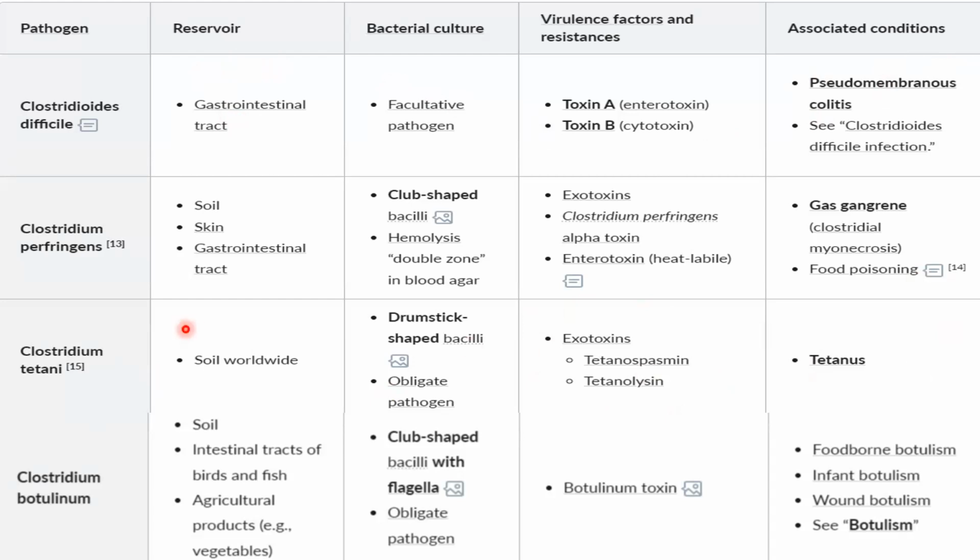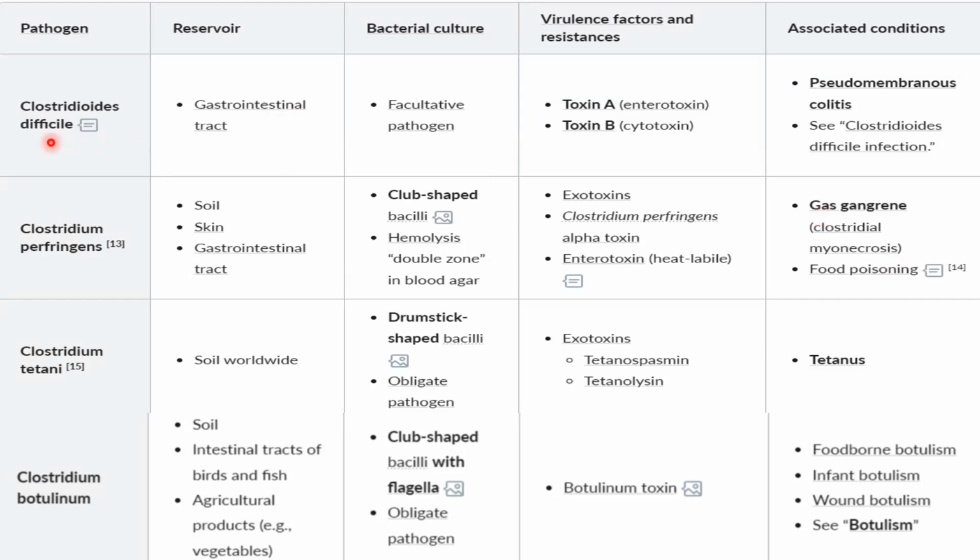And perfringens, as we said, is found mainly in the soil. Remember, perfringens sounds like fridge, so it also causes food poisoning. It's really good at causing gangrene, which is really deep necrotic infections, mainly found in deep wounds.